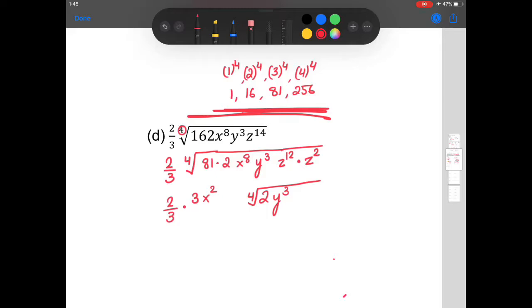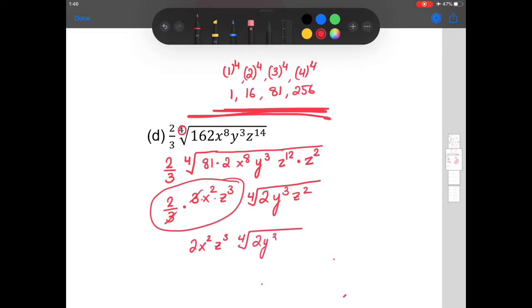Y cube stays under. 12 divided by 4 is 3. And z square stays under. Now let's simplify this. This is all multiplication, remember. So the 3's actually cancel out. So you have 2x squared, z cubed, and fourth root of 2y cubed.